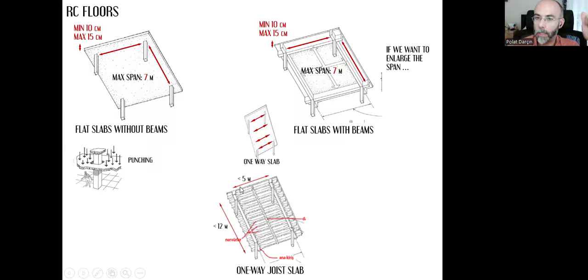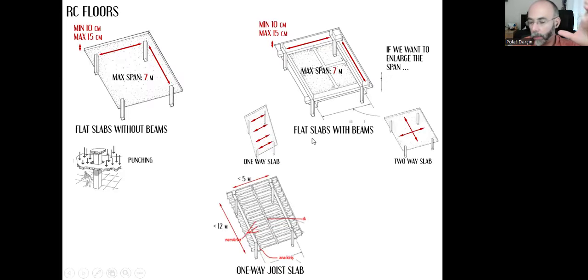As you can see here, the shorter side can be up to 5 meters. However, we can enlarge the longer side up to 12 meters. That's what we call a one-way joist slab because the loads will be distributed towards the longer sides with the help of these girders, small beams.